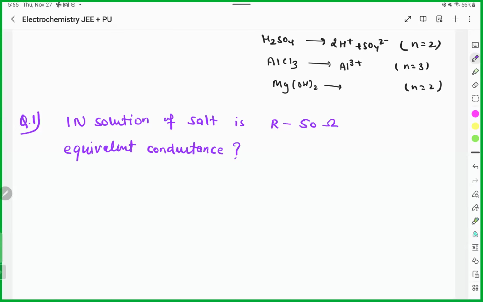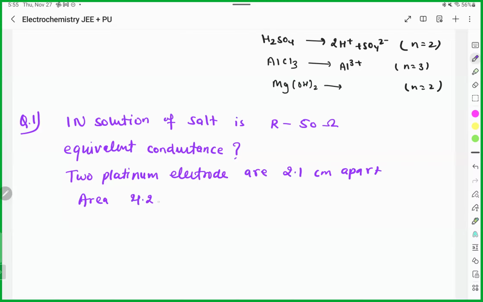if two platinum electrodes in the solution are 2.1 centimeter apart and have area 4.2 centimeter square.